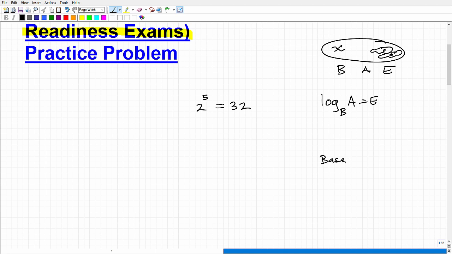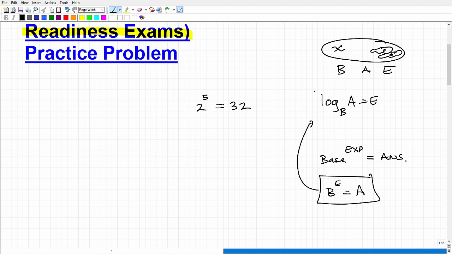E is the exponent, and that is going to be equal to our answer, or B to the E power is equal to our answer. So we can go from here to here. In other words, we can write exponential equations as a logarithm and a logarithm as exponential equations. That's very, very important because logarithms and exponential functions are inverses of one another.